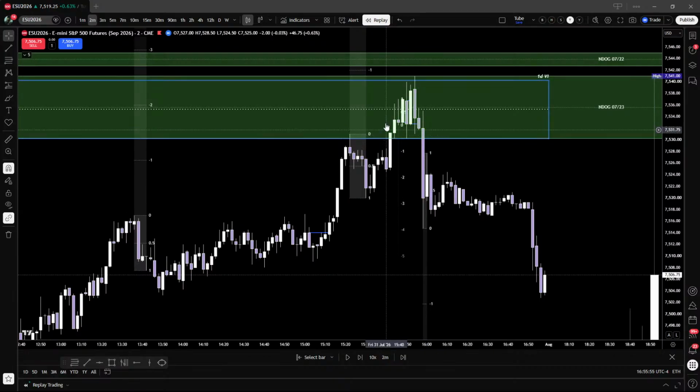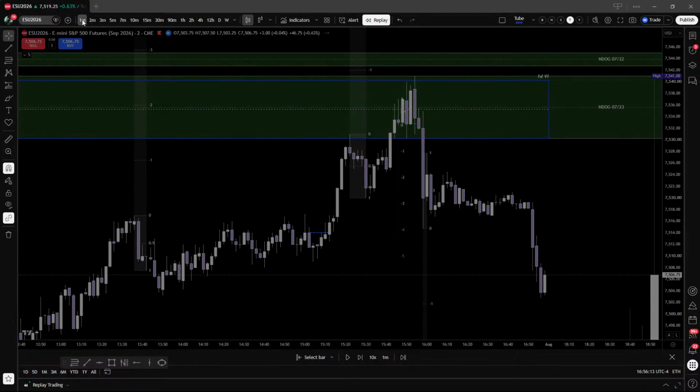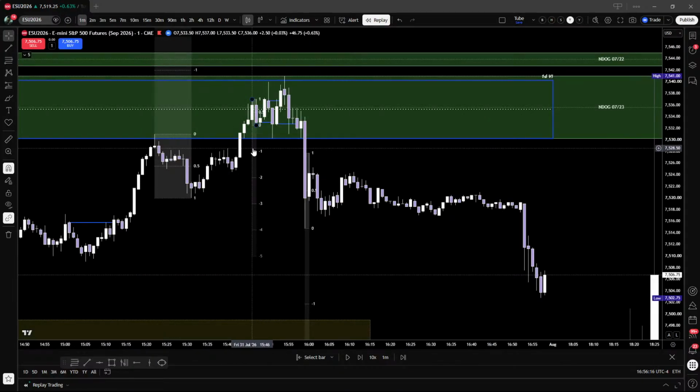So this would be an example of the fast move, a fast reversal, right? If you look at the 1 minute, you can see it's kind of a small accumulation, or I should say distribution.